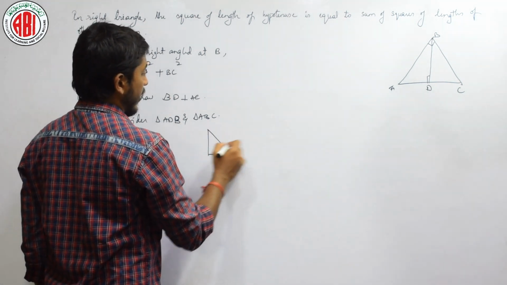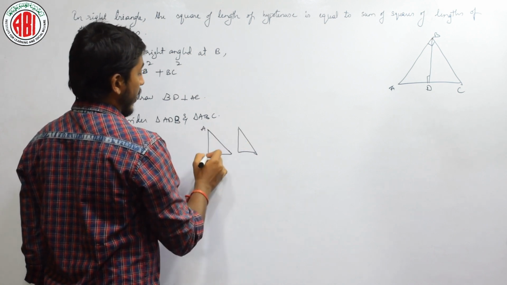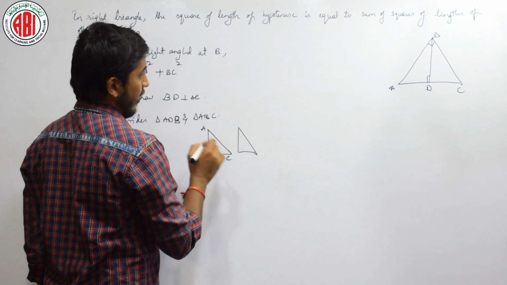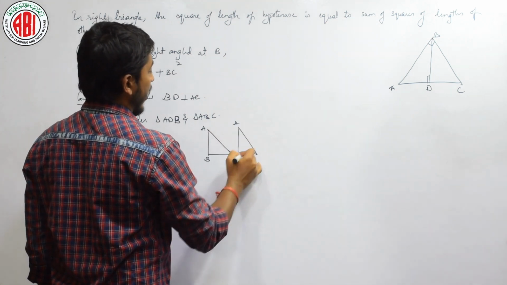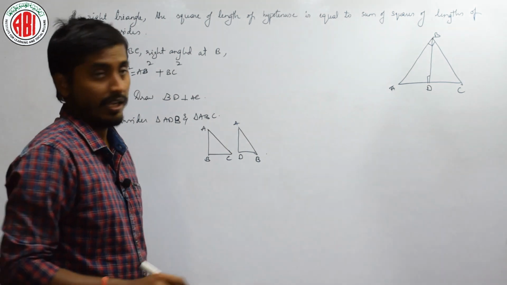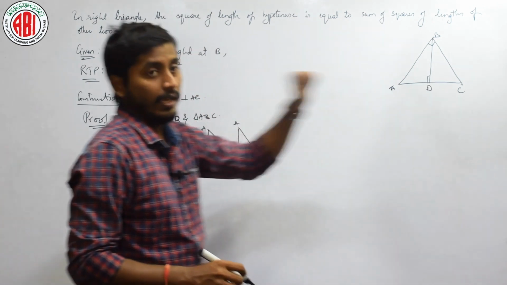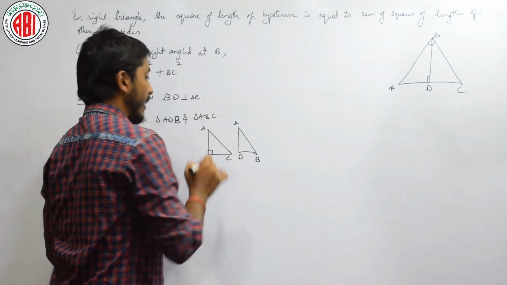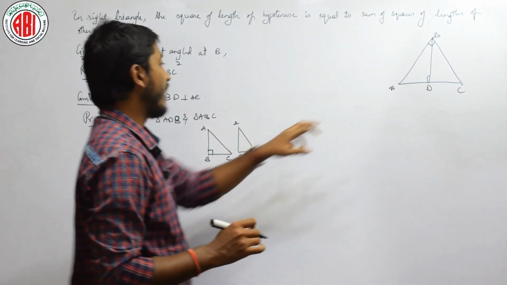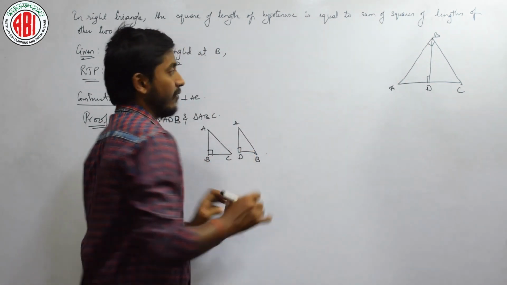In triangle ABC, B is the right angle. In triangle ADB, D is the right angle.